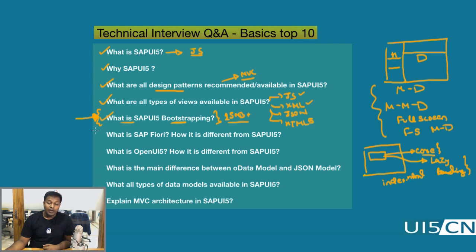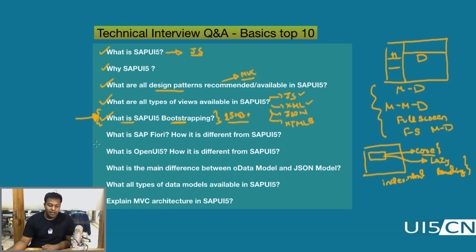So this is the answer to this question. It is a very good question, and you might get it very often. There is one more question on MVC, and there are multiple famous questions, but this is one of my favorite questions.